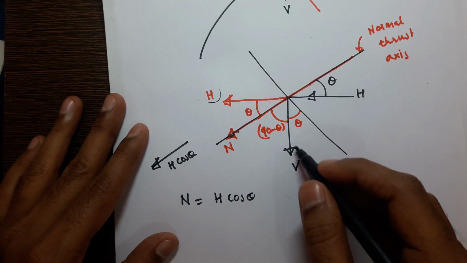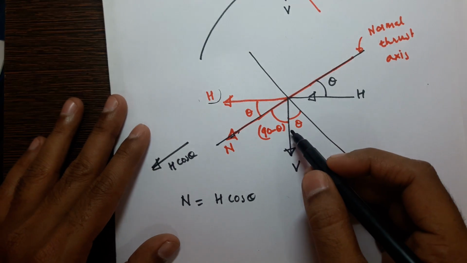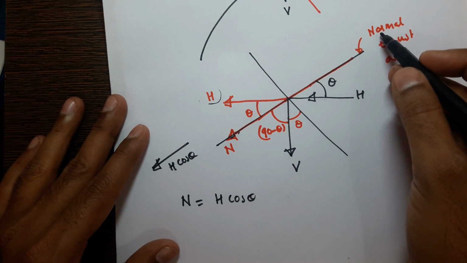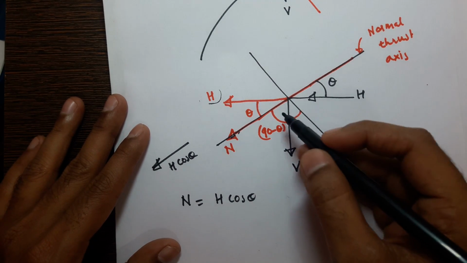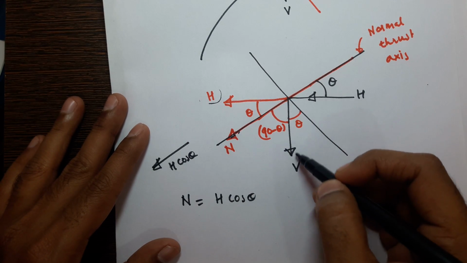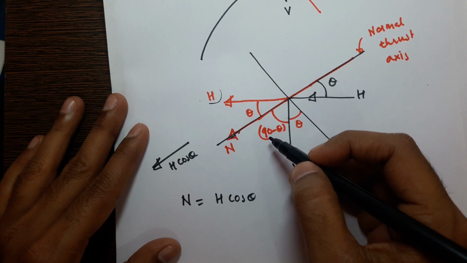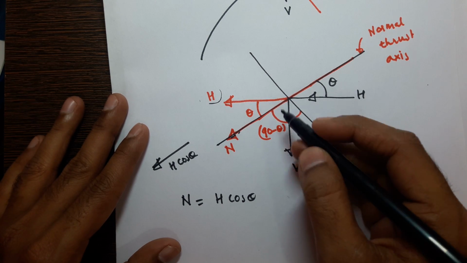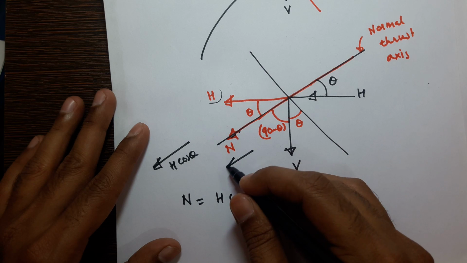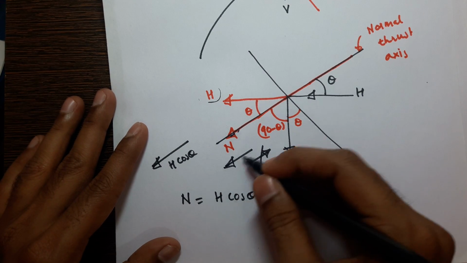Now see here, the vertical shear V is having angle 90 minus theta with respect to the normal thrust axis. So along this axis it will have a cos component. The resolution of vertical shear along this axis will have the cos component of angle 90 minus theta, and it will be along this direction, not against it.